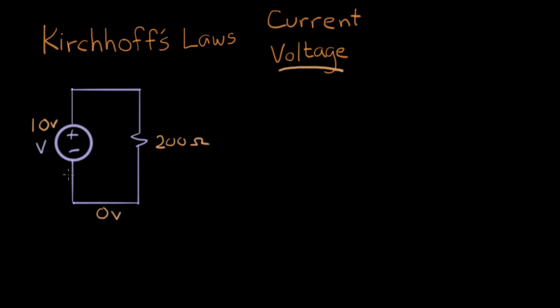And then if I go through this voltage source, this node up here is going to be at 10 volts. So here's a little bit of jargon. The voltage goes up as we go through the voltage source, and that's called a voltage rise.